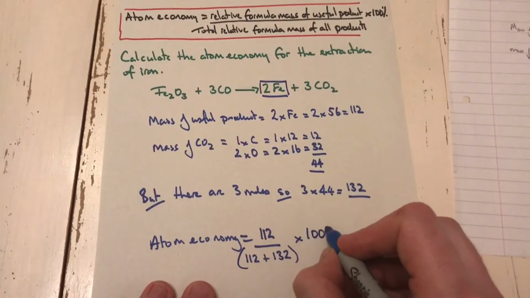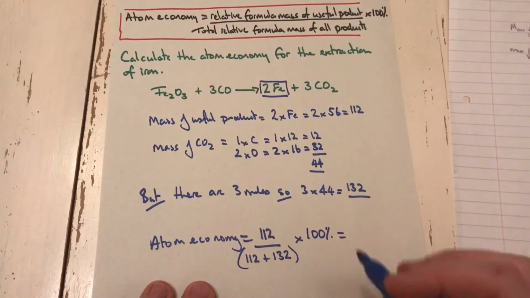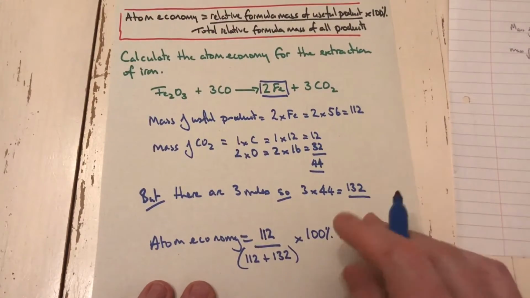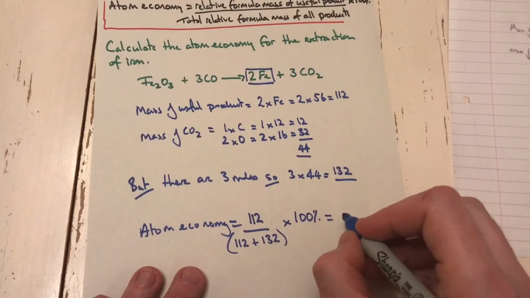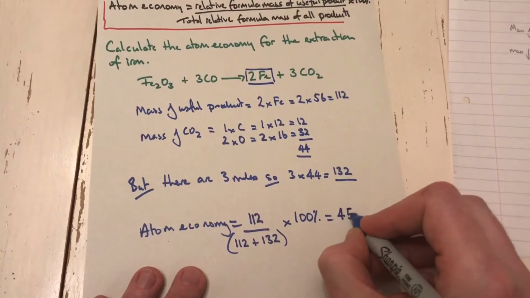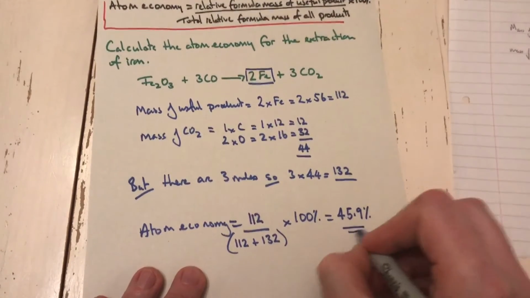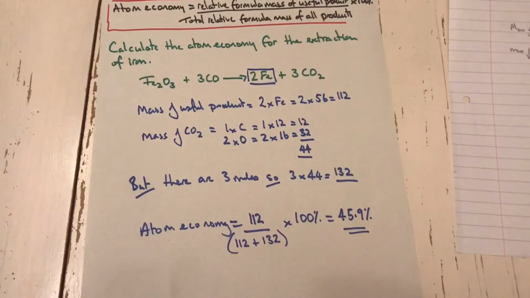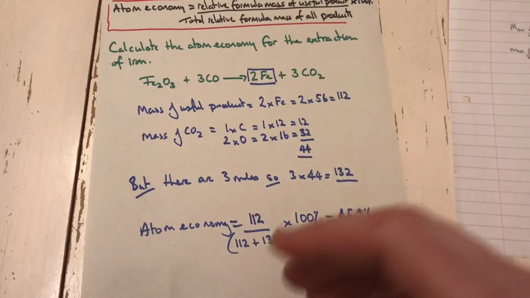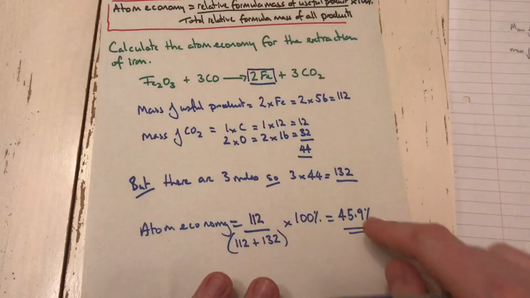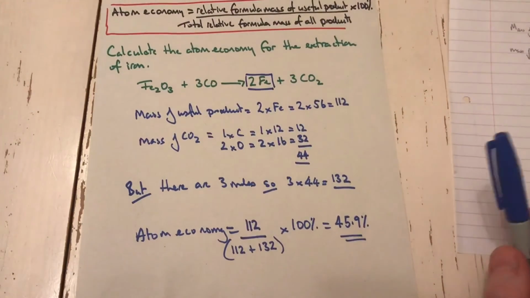I must remember to times that by 100% to make it a percentage, and work that out on your calculator, and that should give you an answer of 45.9%. So what this means is of all the mass involved, 45.9% ends up in my desired useful product.